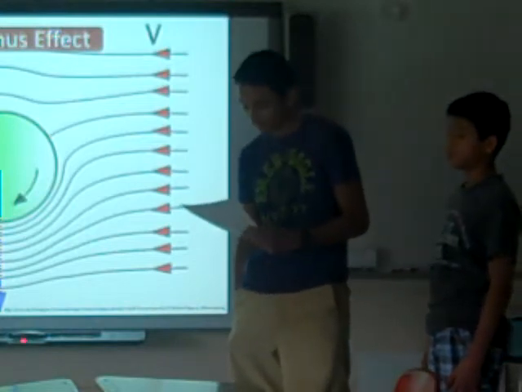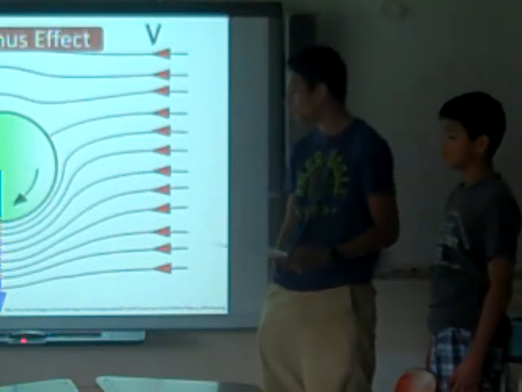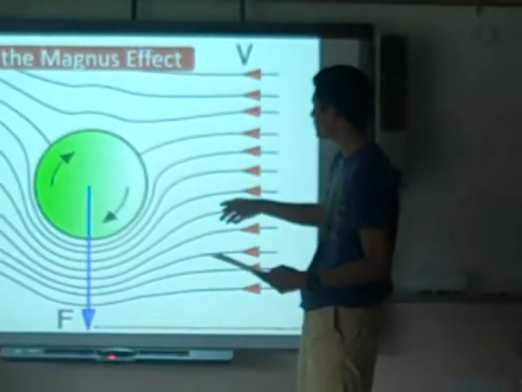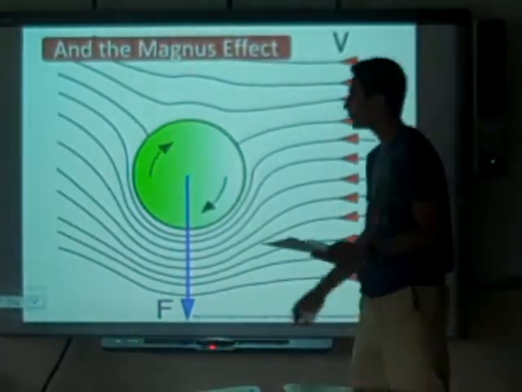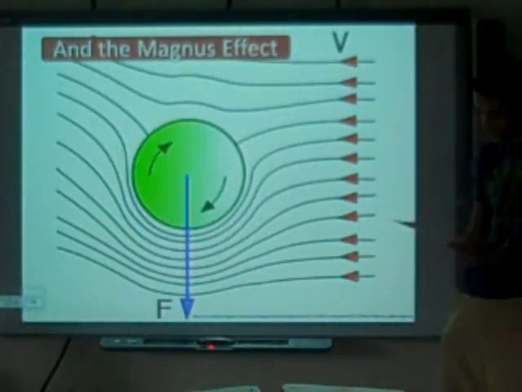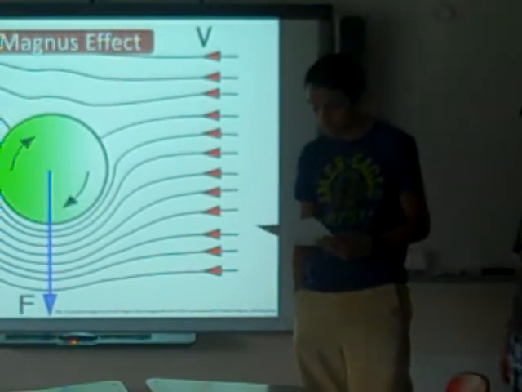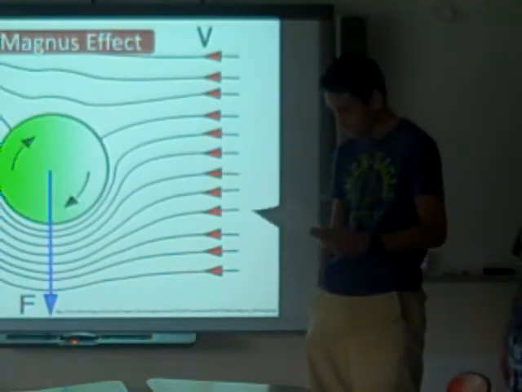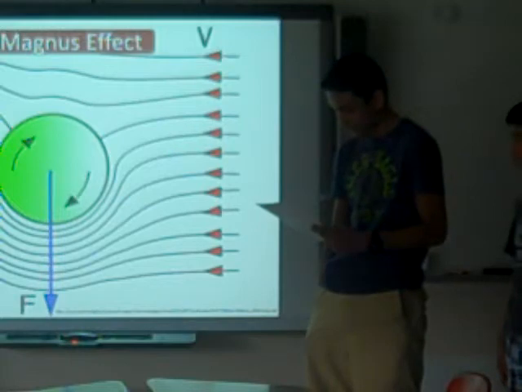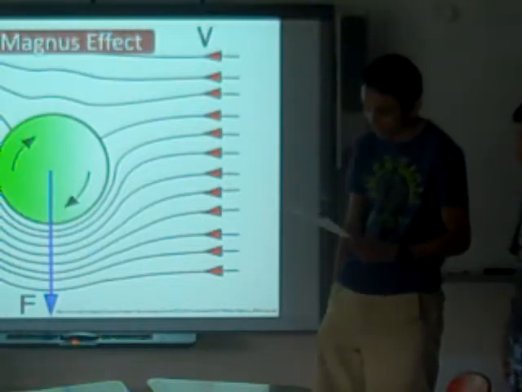One of the types of spin is topspin, like Charles was saying. When a soccer ball is shot, this means that the ball is spinning in a clockwise rotation. Another picture shows it where air would be coming this way, and the ball is spinning like that. When spinning in air, the velocity on top of the ball is less than the velocity on the bottom of the ball.